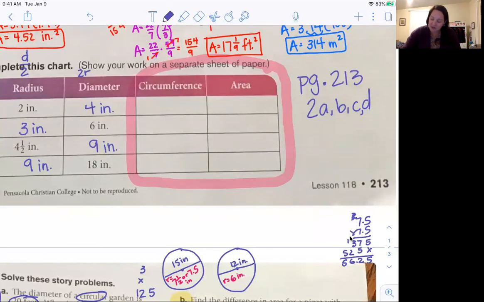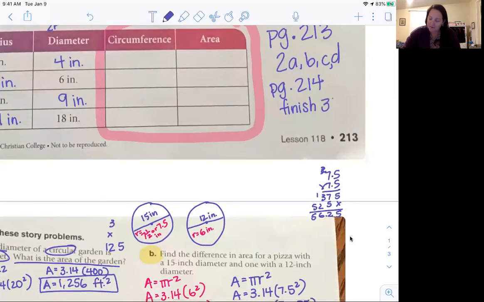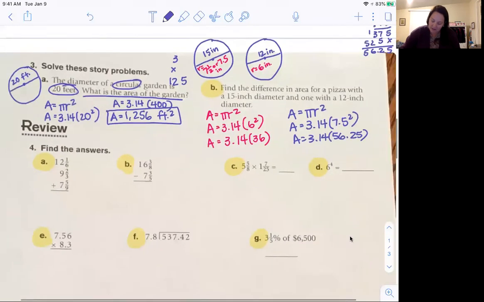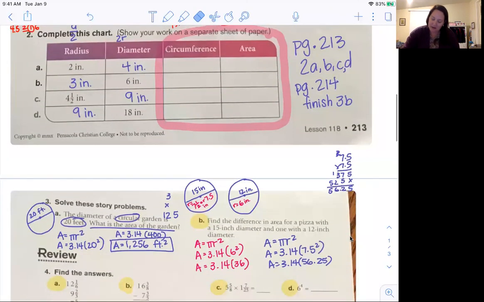And then I'd like you to do page 214. I want you to finish number 3, so 3B. And then I originally wanted you to do some of these, but I'll take some of these off. Let's do this. I'd like you to do 4A, B, C, and D. Okay? And then tomorrow, we will go over these together.